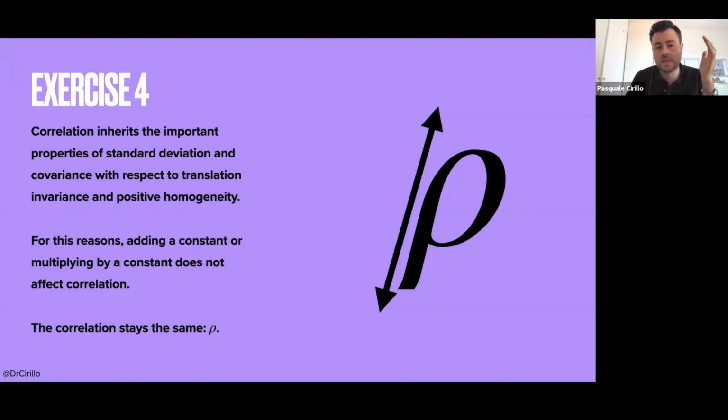So if I have the correlation between X and Y, and I inflate X by multiplying by a quantity, or shift X by adding or removing something, the correlation does not change. The correlation is never affected by shifts of the random variable or inflation of the random variable, that is to say, by multiplying it by some quantities. It's very important to recall this.